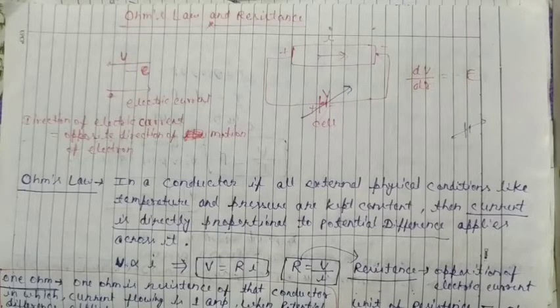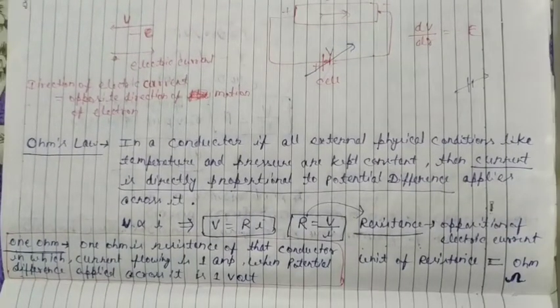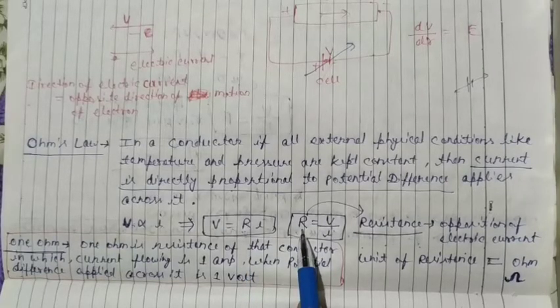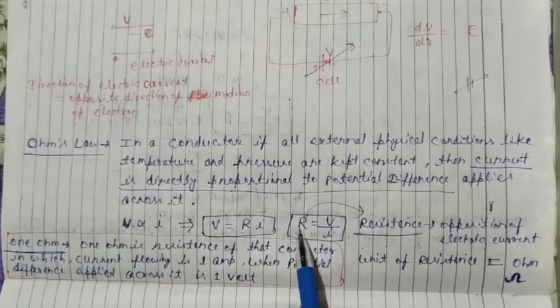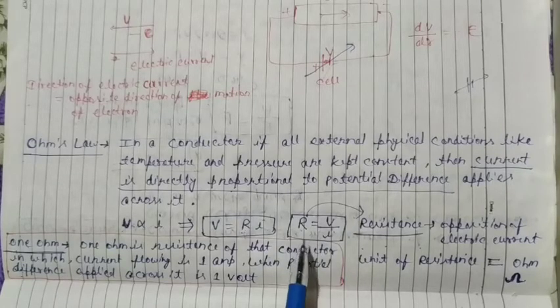Now we have to specify this constant R. This constant we name as resistance. Resistance R equal to V upon I by calculation.